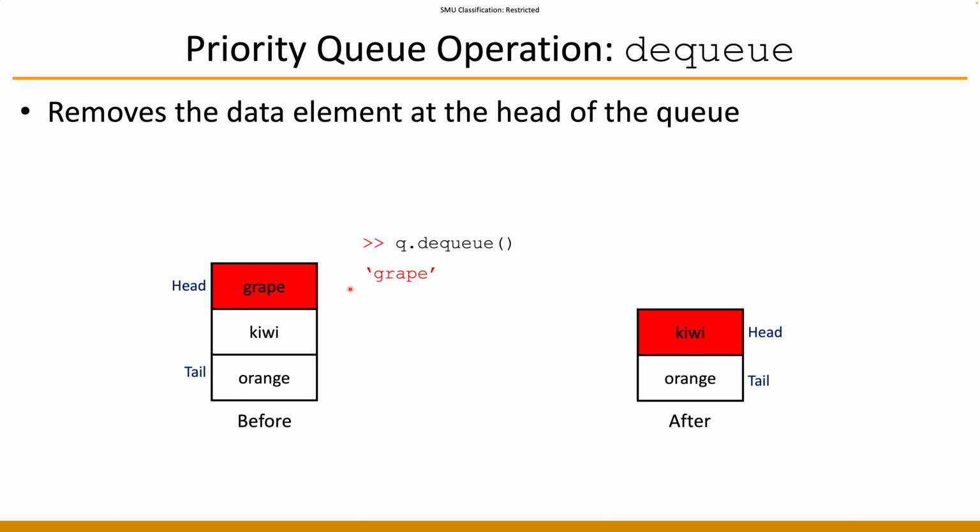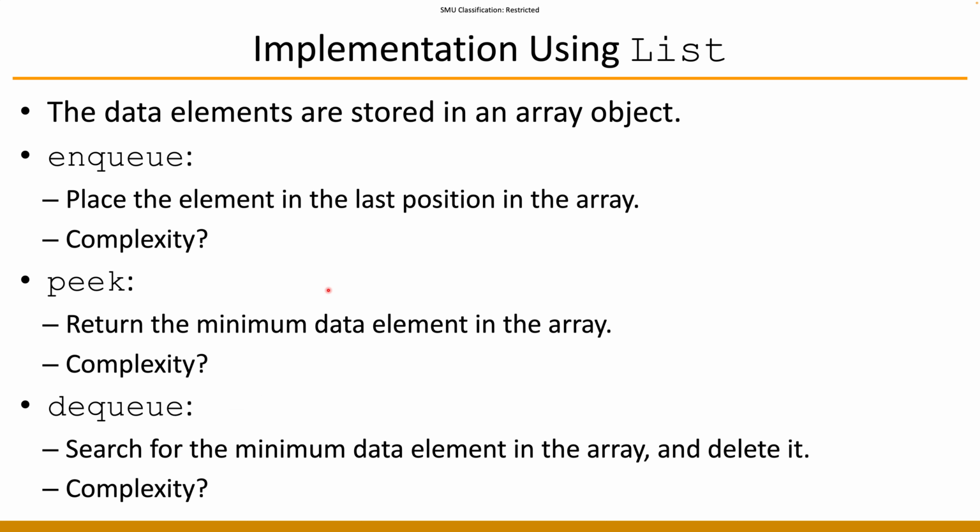In this case, that will be the word with the highest alphabetical order. Okay, so now we have all the necessary information. We can begin to think about how to implement a priority queue based on the list.